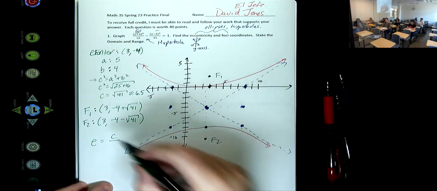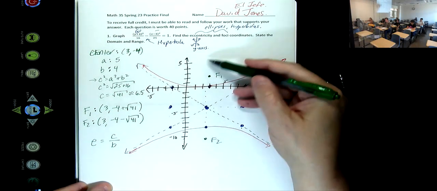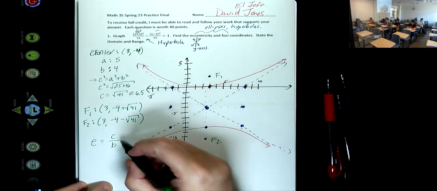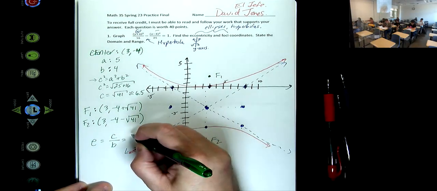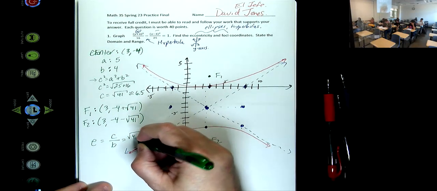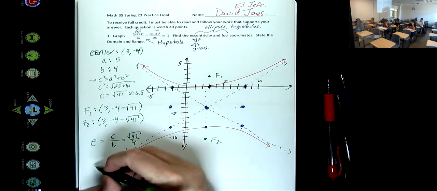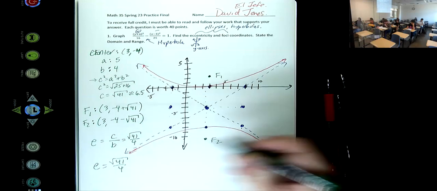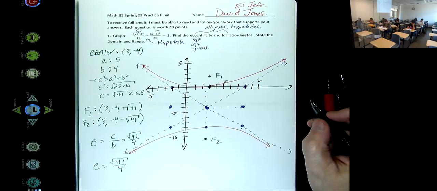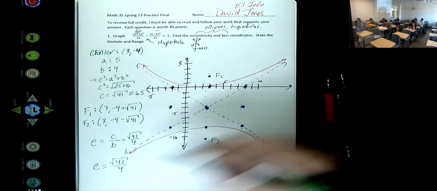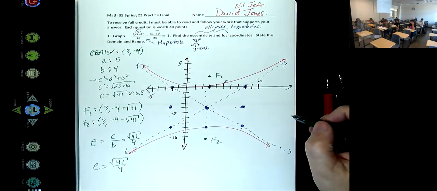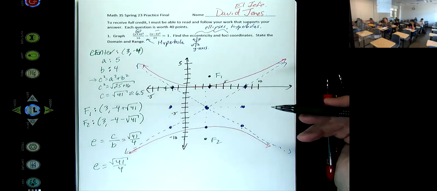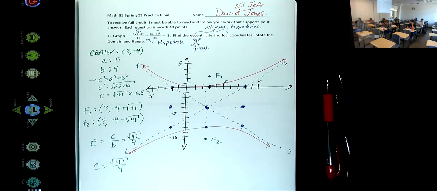The transverse axis right here is the one we're going along, and so that'll be the 4. So we got the square root of 41 over 4. If you really want to see a decimal value, knock yourself out. We don't draw anything, we don't plot it, so it's just more work to find.